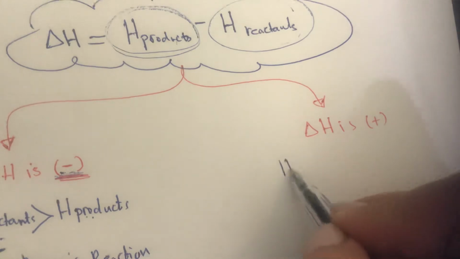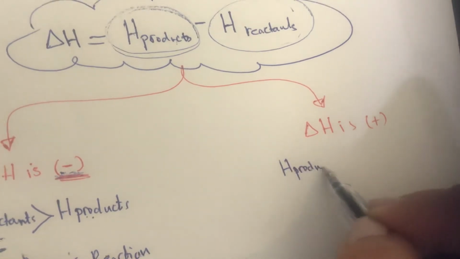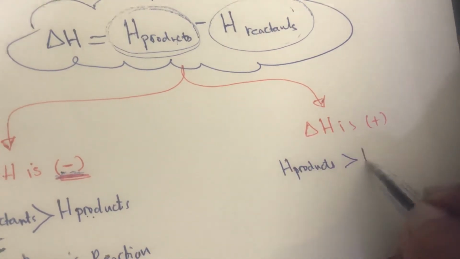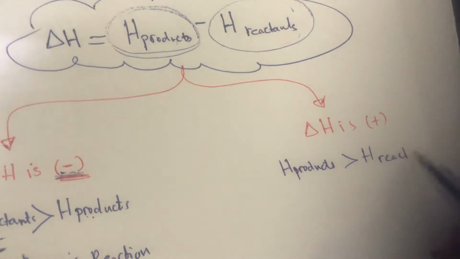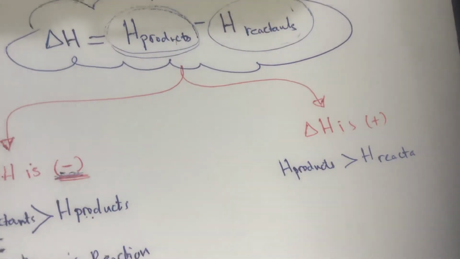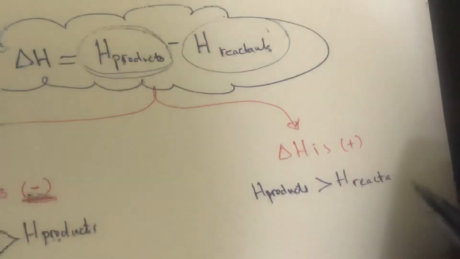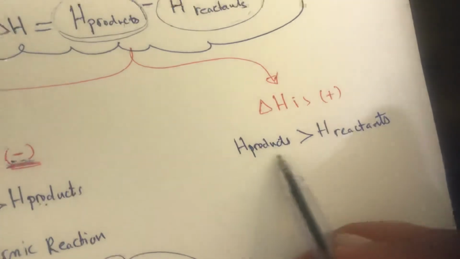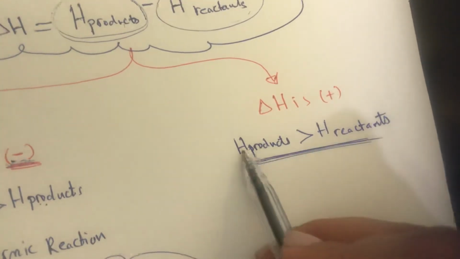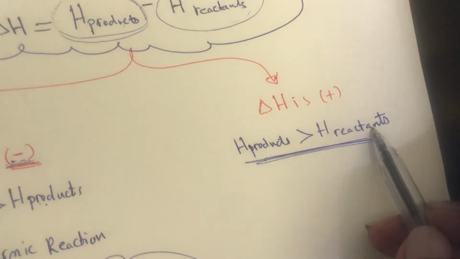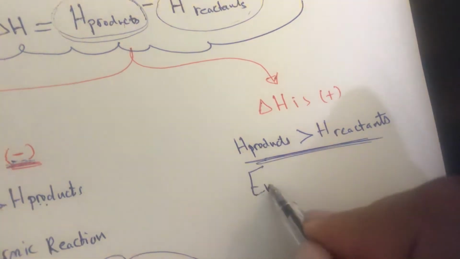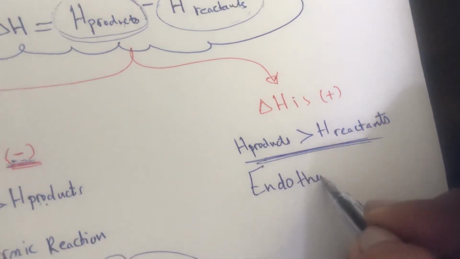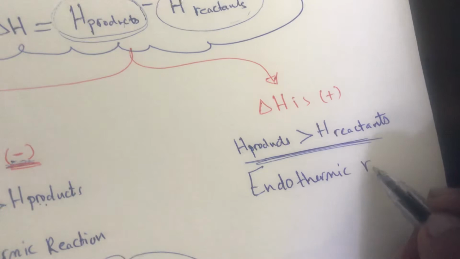When the energy of product is greater than the energy of reactant. So delta H is positive when the energy of product is greater than the energy of reactants. In this case, it's called an endothermic reaction.